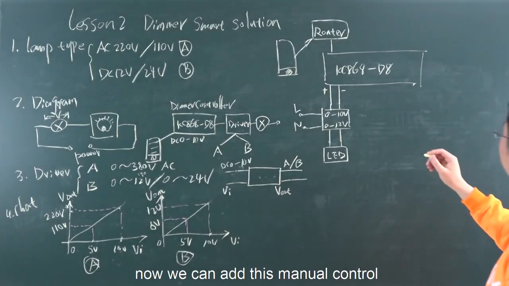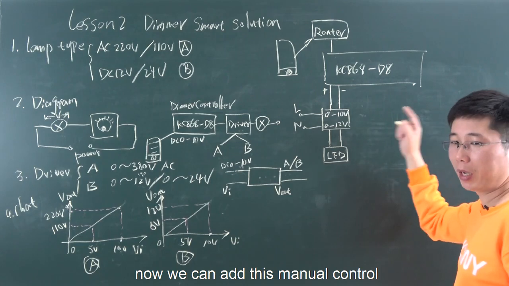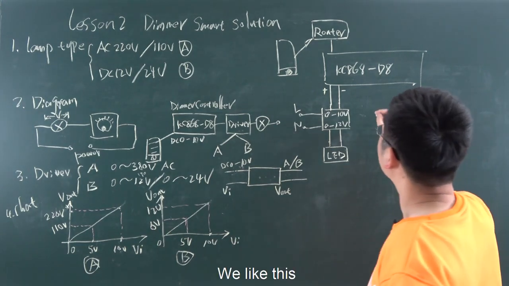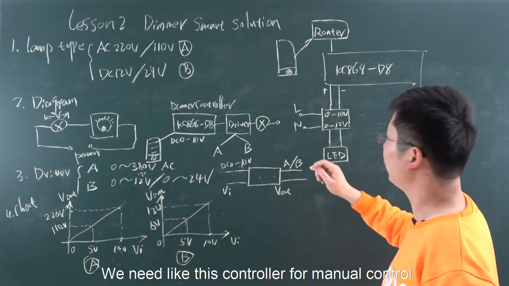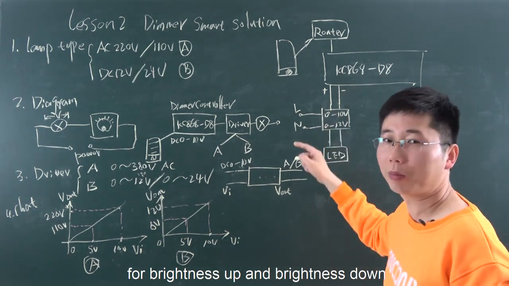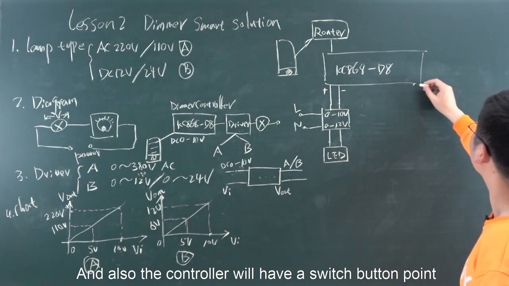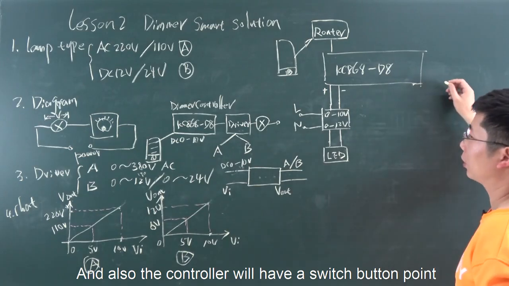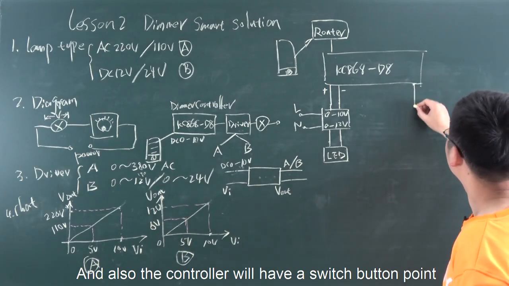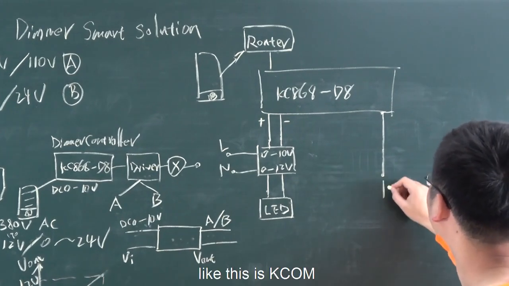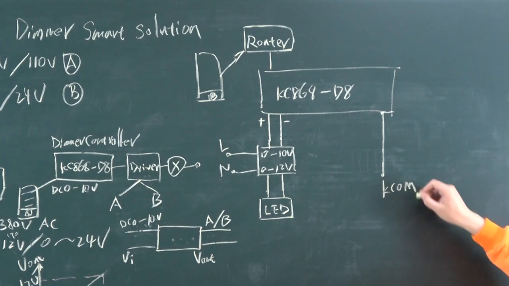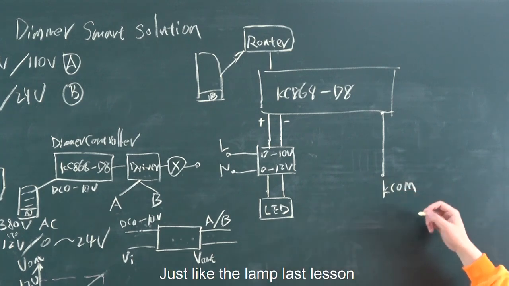Okay, now we can add manual control. We need the controller to have manual control for brightness up and brightness down, and the controller will have switch button points like this. This is KinCony, just like the lamp in the last lesson.